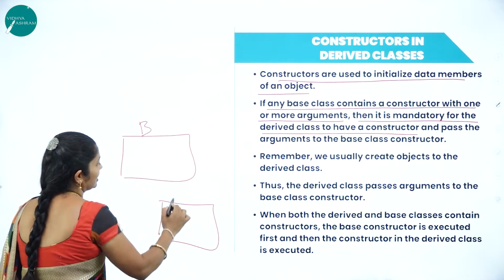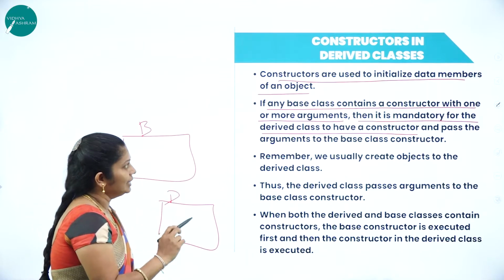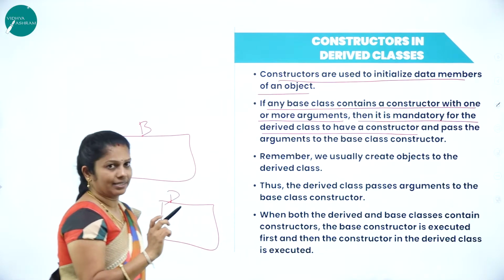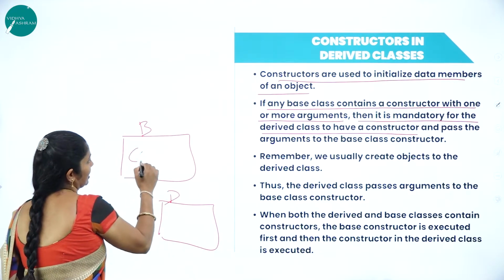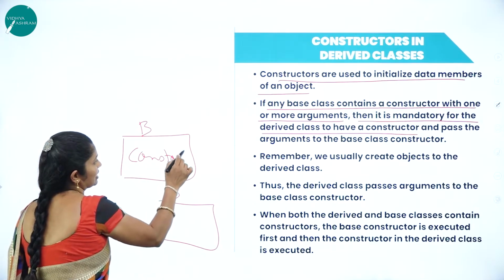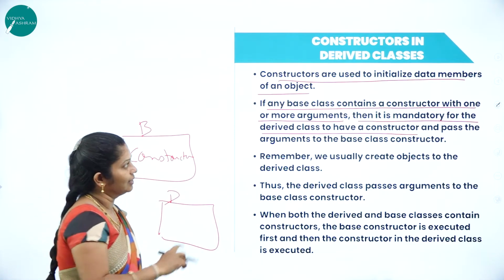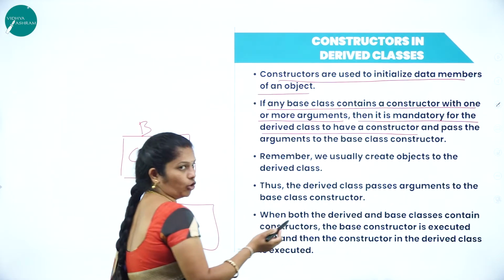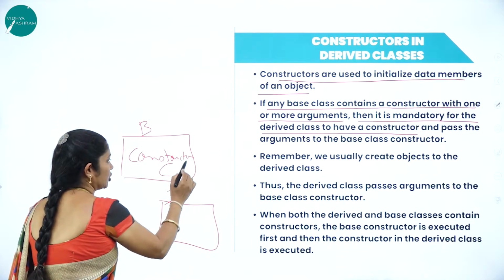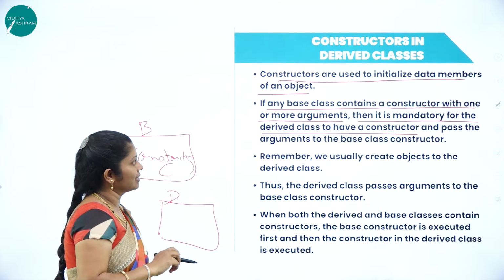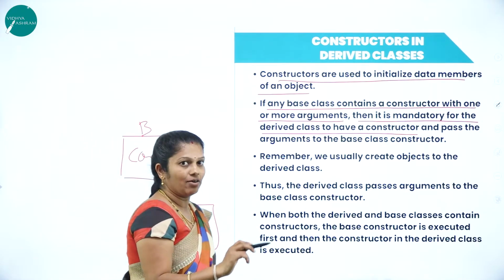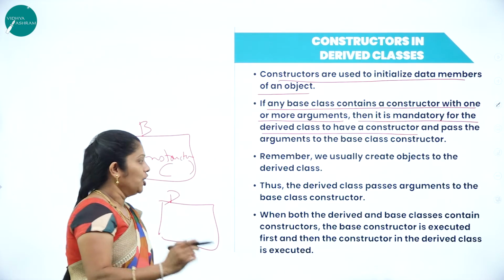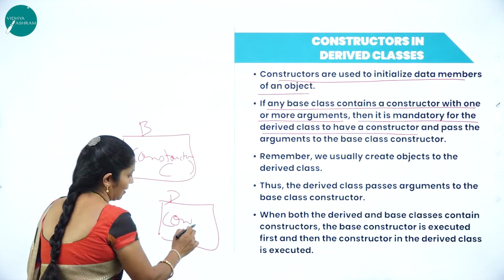If the base class contains a parameterized constructor, then for the derived class it is compulsory to have a constructor.